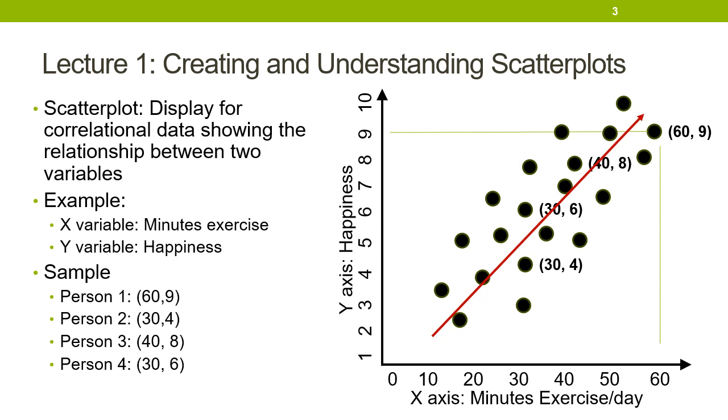In this case, they go upward, so the relationship is positive. And the strength of the relationship is calculated by figuring approximately the distance of each point from the line, with higher scores being associated with the points being closer to the line, and lower strength scores associated with the points being farther from the line.